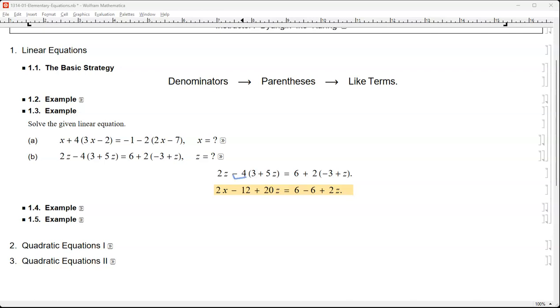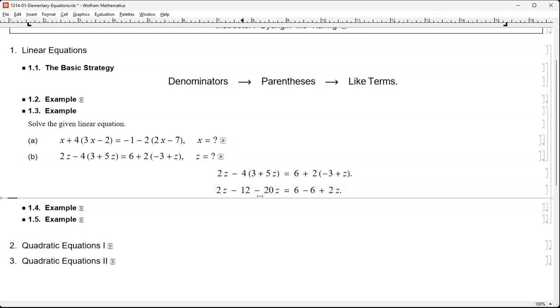This negative 4 here should be distributed to this 3 and also to this 5z. So negative 4 times 5z is negative 20z. So this double underlined part is wrong. You have to correct it. Now everything looks good. And then, oh, actually one more. Character should be z.